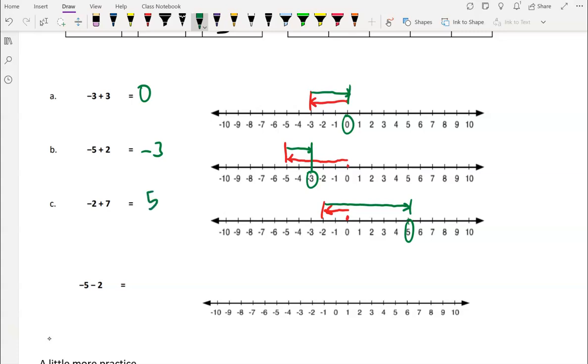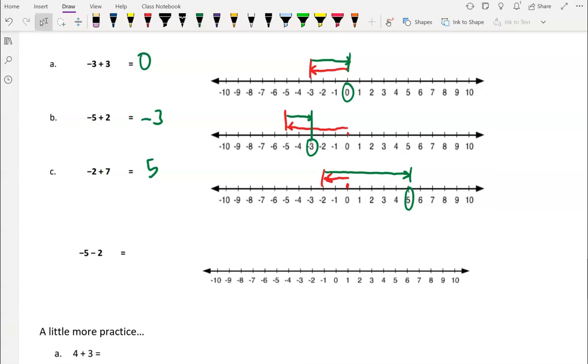Now the next one's a little bit different. It's negative 5 minus 2. Now with this one, you have to remember something about subtraction. Subtraction is adding the opposite, or adding the additive inverse. So this would actually be negative 5 plus, what's the opposite of 2? Negative 2. So negative 5 plus negative 2.